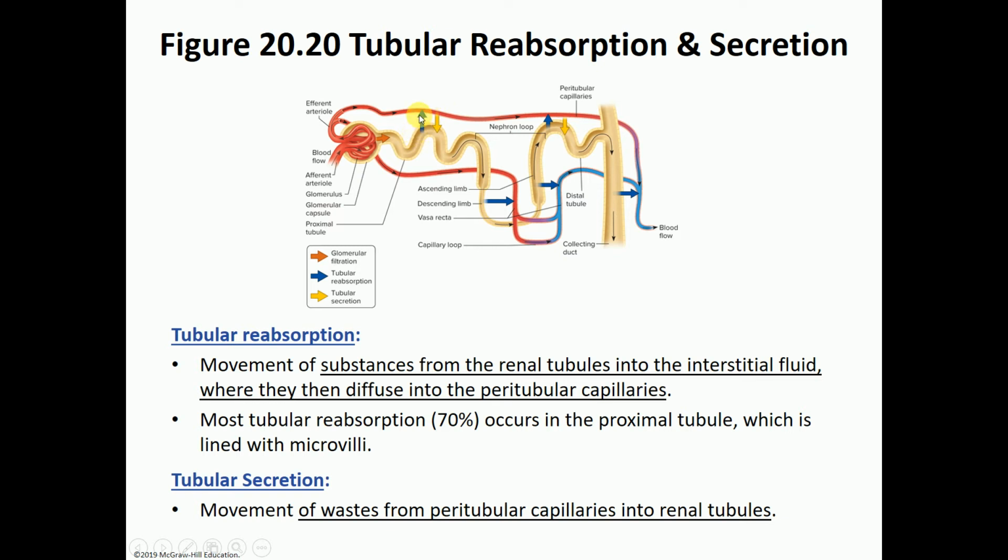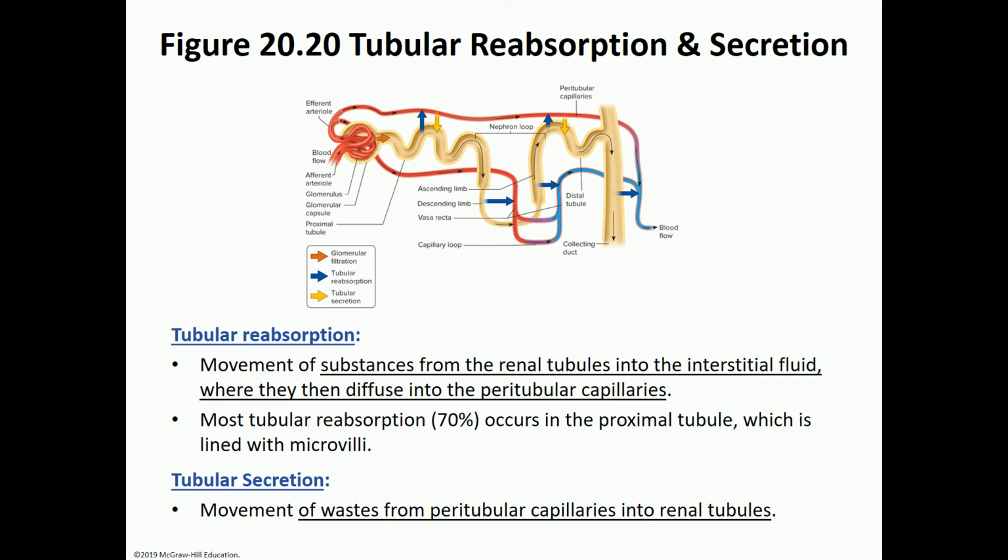That blue arrow represents tubular reabsorption, where things that are important to the body, like all of that glucose found in the filtrate, need to be reabsorbed.